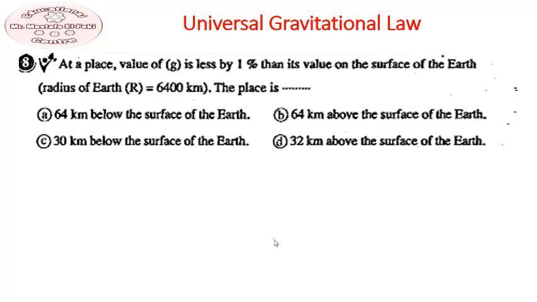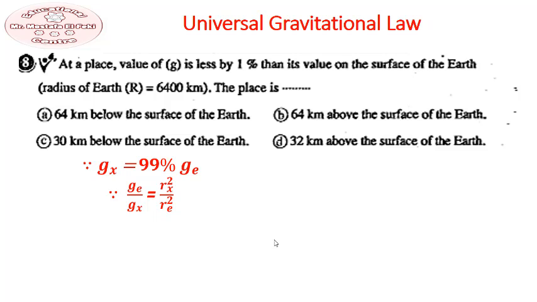At a place, the value of g is less by 1% than the value on the Earth's surface. This place is, let's try. Since at this place x, for example, g at the place x equals 99%, it is less than the gravity on the Earth by 1%, then it equals 99%.